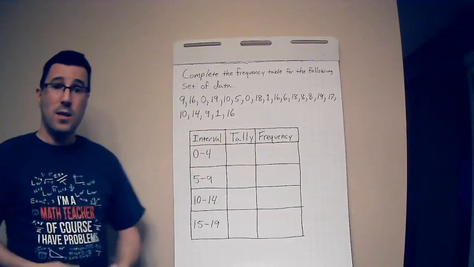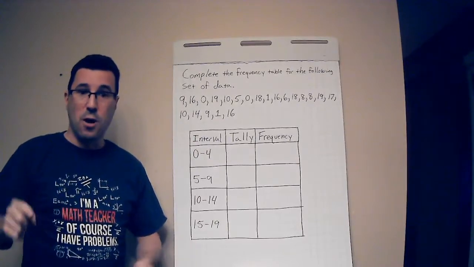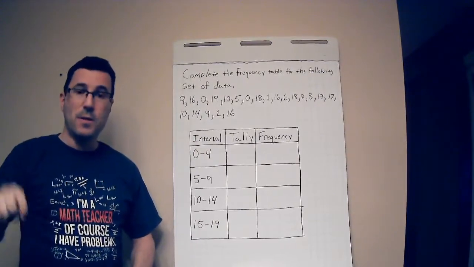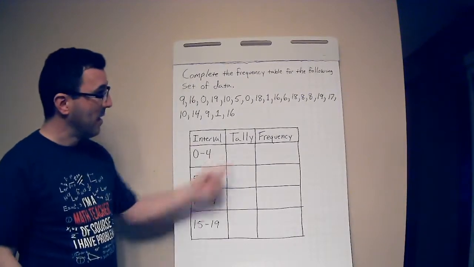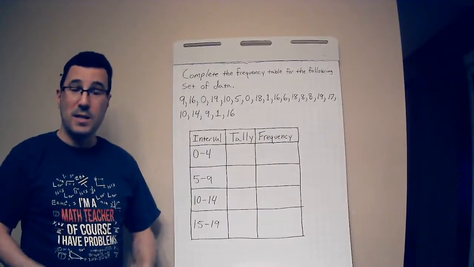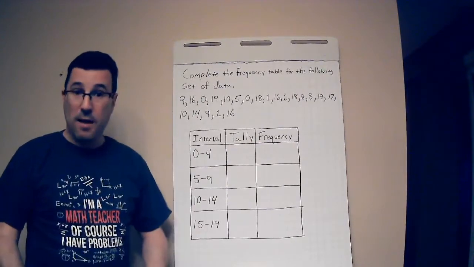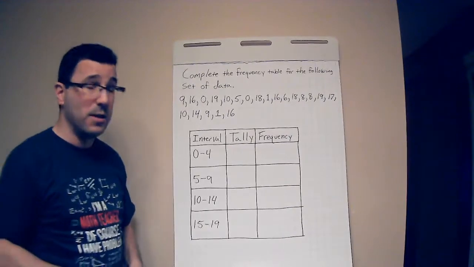Tally is just making little lines to check off. We got one that fits in this category, and we got another one that fits in this category, and we're just going to keep marking it off. And the frequency itself is when we count up those tallies and see how many we have. So it's actually relatively simple.